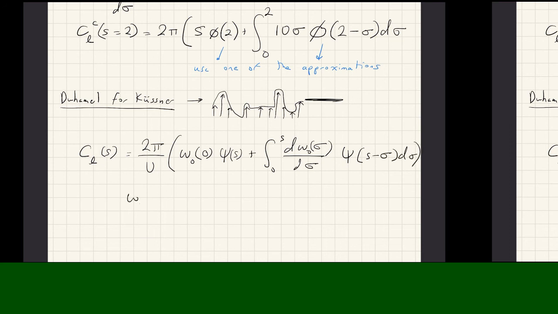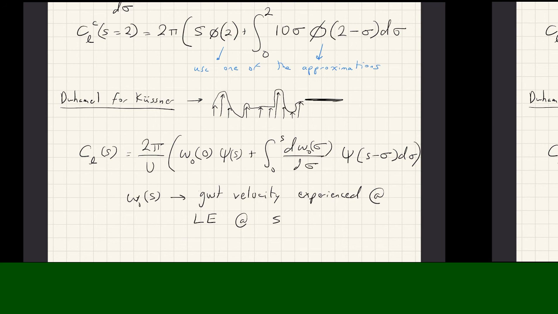where W0 of S is the gust velocity experienced at the leading edge at time S. Okay, so the gust itself is a function of space.